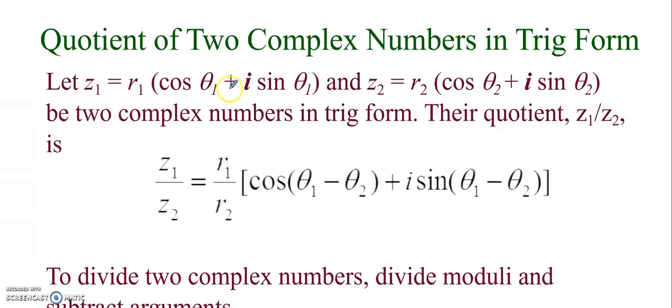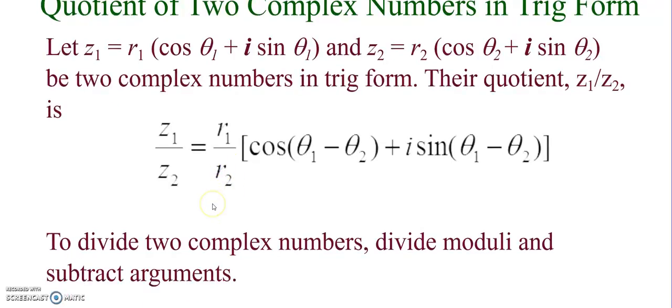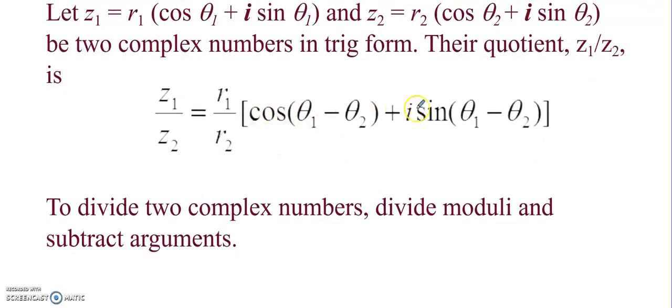If we have two complex numbers in trig form, similar to but opposite of the product, here we are going to divide the r values and subtract the angles. Just like normally with division, the order in which we do things is important, because the order of subtraction and the order of division of the r values will matter. But this is our process for dividing two complex numbers in trig form.